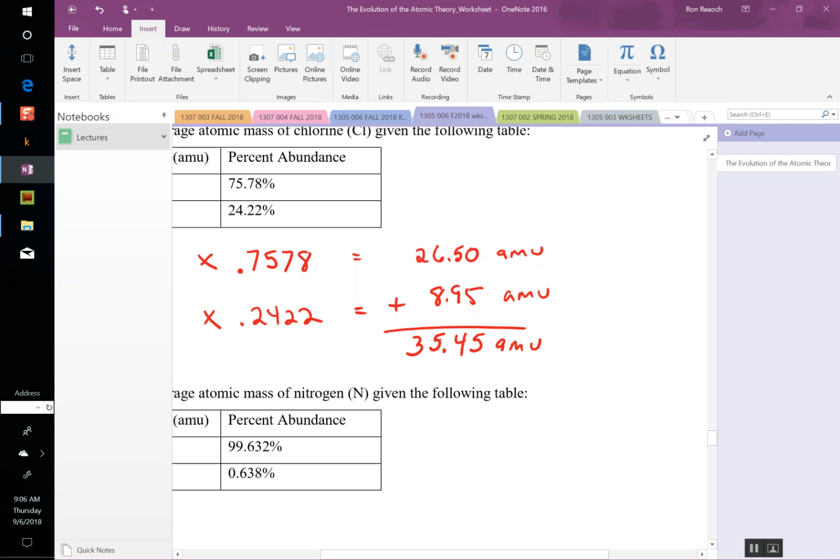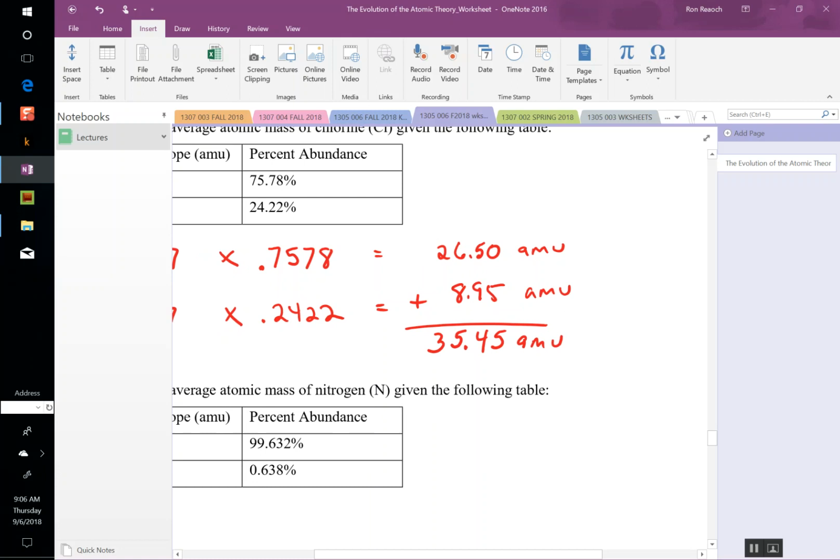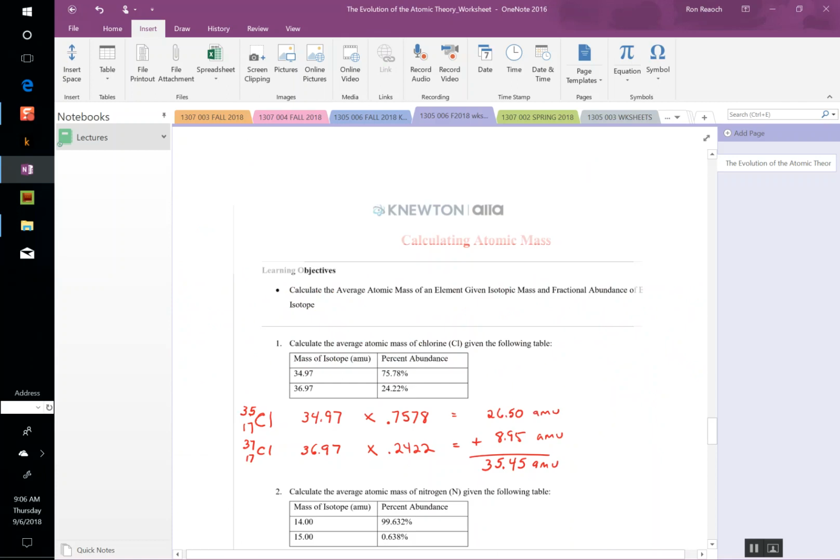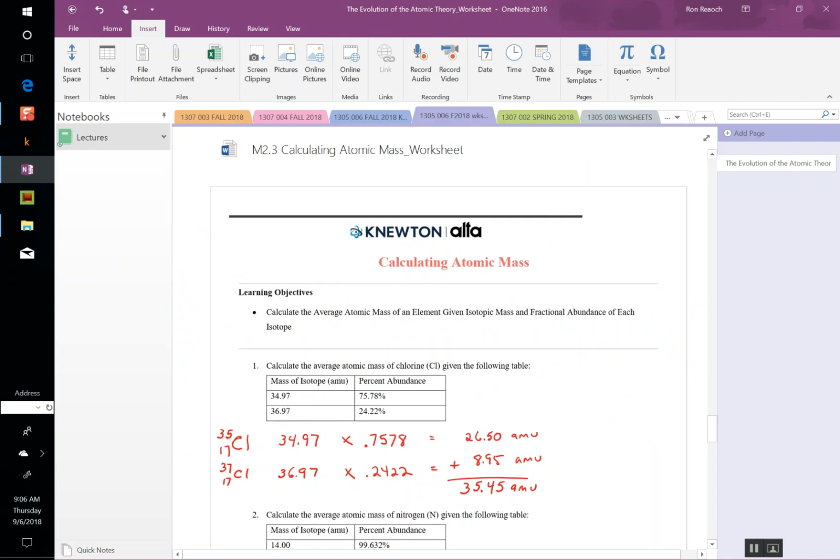but 75.78% of the chlorine in there is this isotope. It's this isotope. How did I get that? Well, this roughly rounds off to 35, so that would be 35 protons and neutrons. How did I get that number? 17.